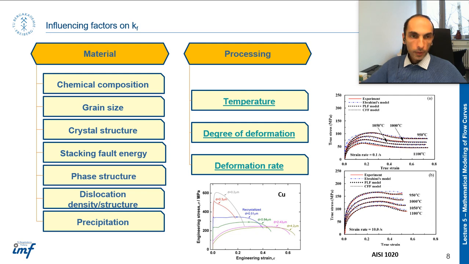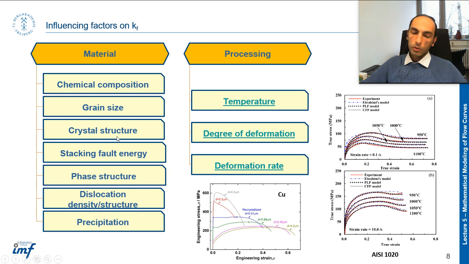Okay, and the next item is grain size. Of course, you know the grain size influences the mechanical properties, and by decreasing the grain size, the yield stress and flow stress increase. And crystal structure is another parameter.